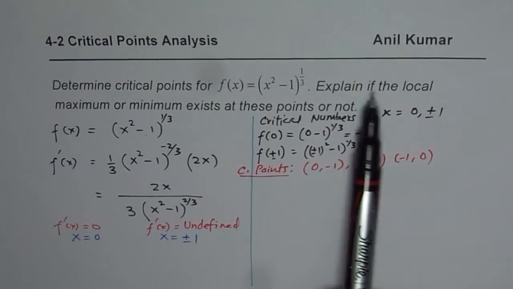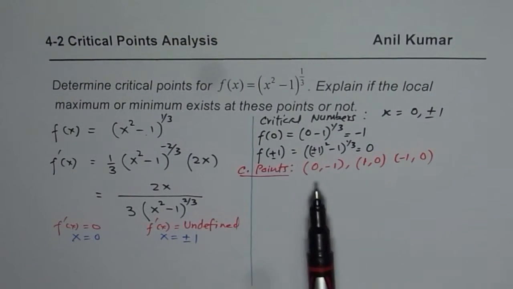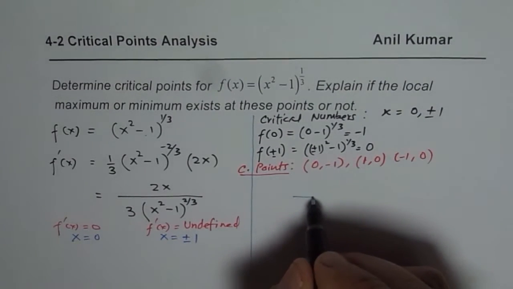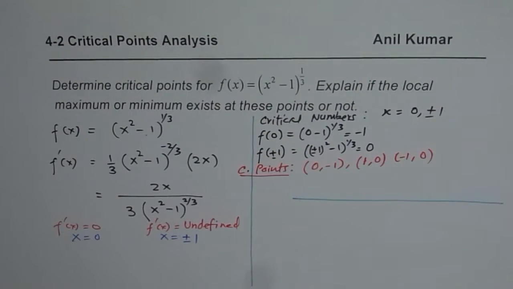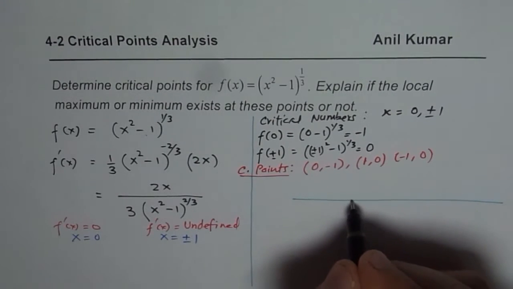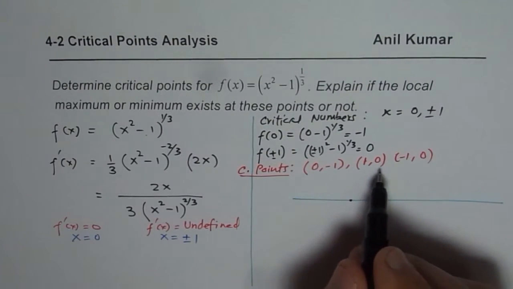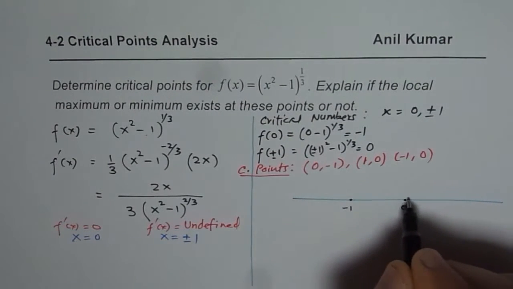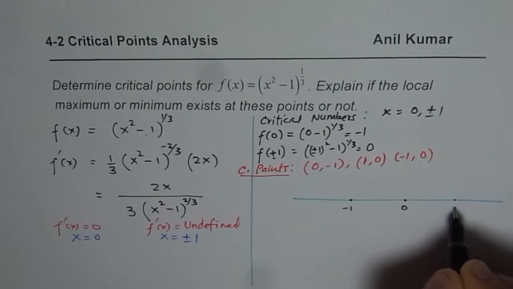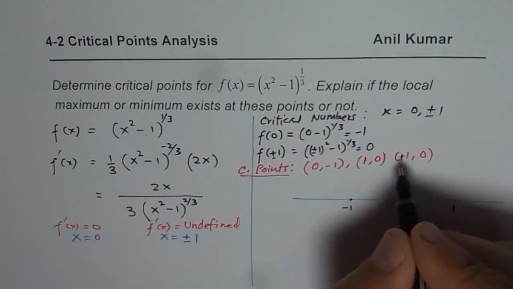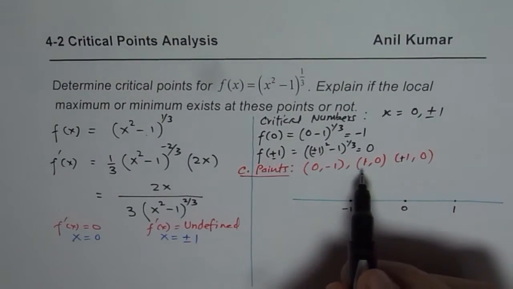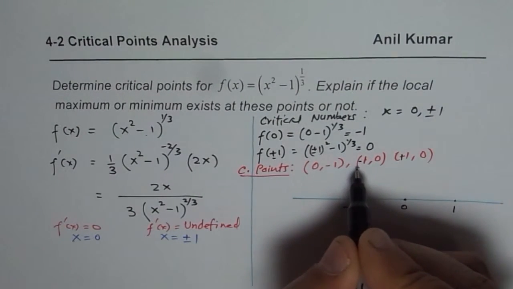Now let us explain local maximum and minimum at these critical points. For that, what we need to do is to analyze intervals between these critical points. So the intervals which we have here will be from minus infinity to minus 1, then from minus 1 to 0, and then from 0 to 1, and then 1 to infinity.